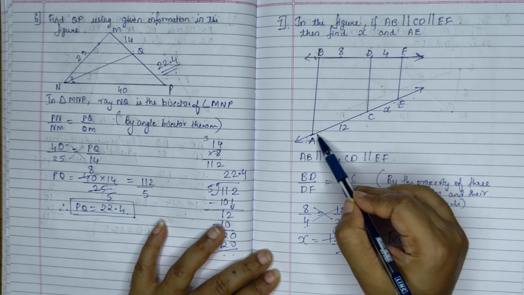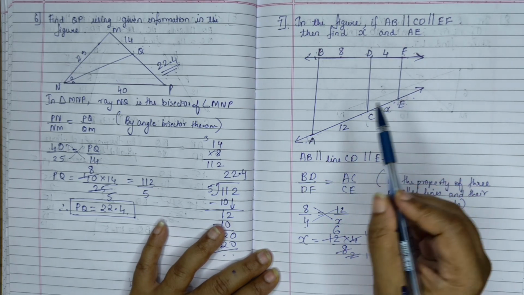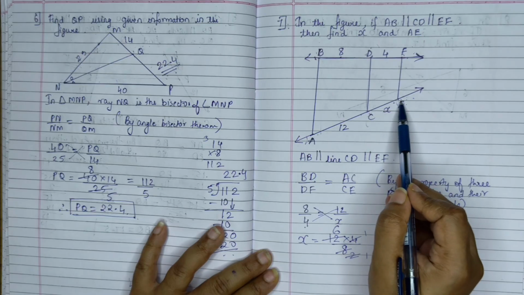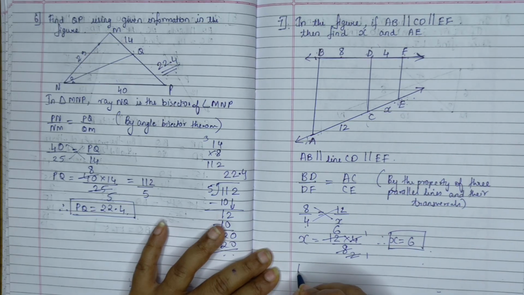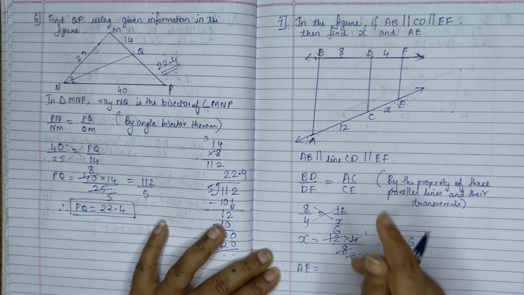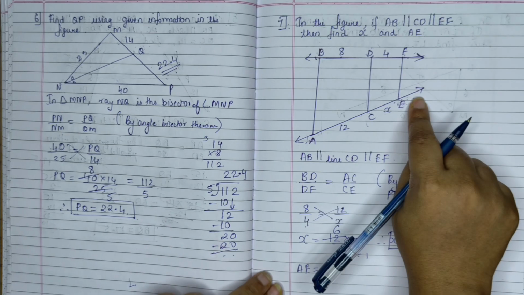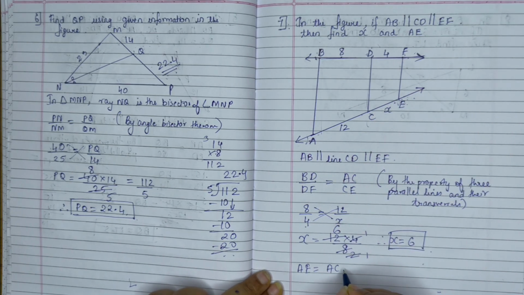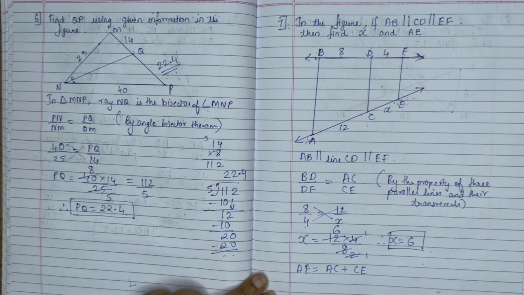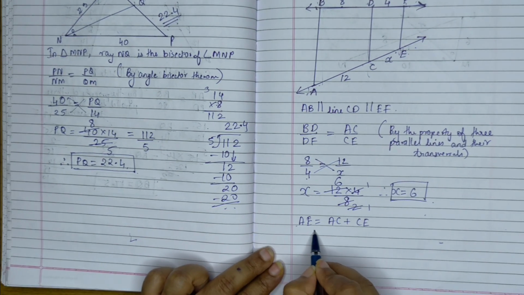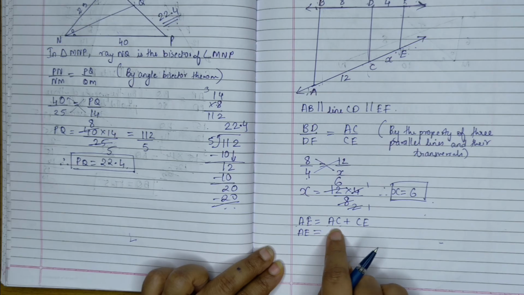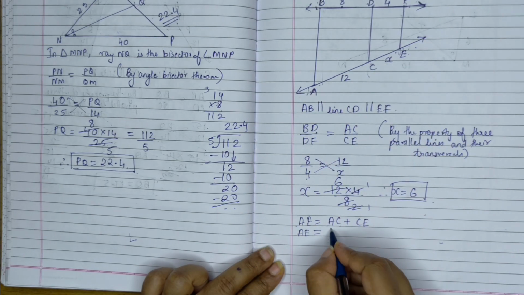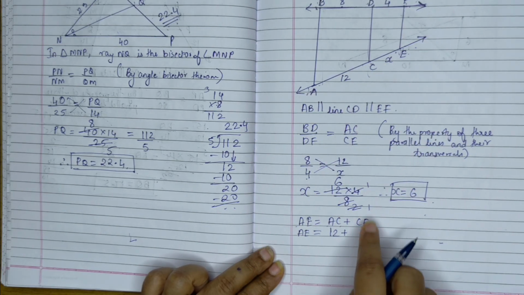Now see AE. AE is equal to AC plus CE. This whole line, AE is equal to AC plus CE. Now AE we don't know. AC is 12 and CE was x.